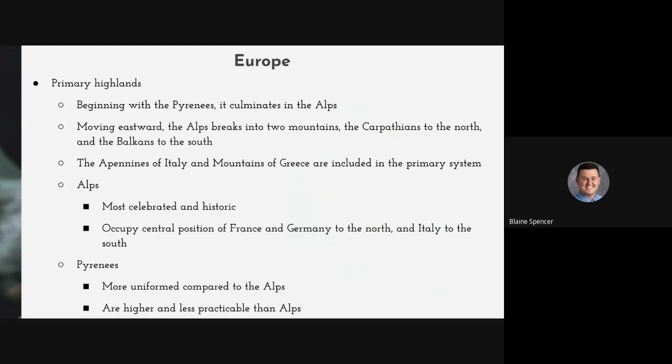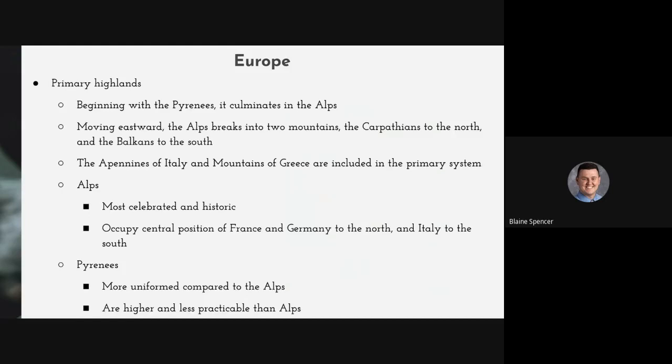Okay, so next we see the Pyrenees are going to be more uniform compared to the Alps. Okay, they're going to be in Spain. Okay, we saw that. They're going to be connecting Spain and France. However, even though they're more uniform, the mountains in the Pyrenees are going to look similar to the mountains in the Alps.